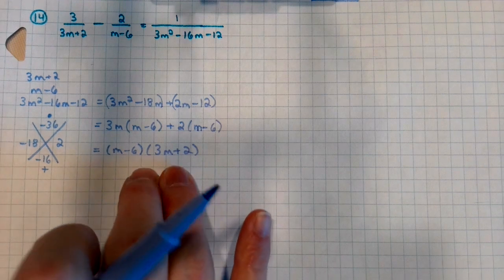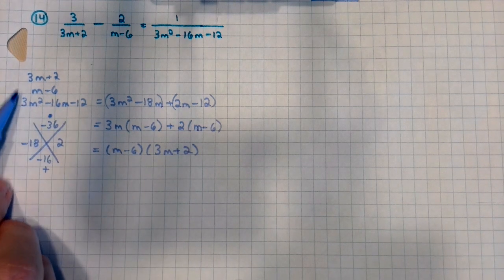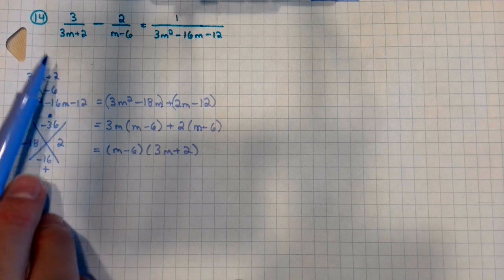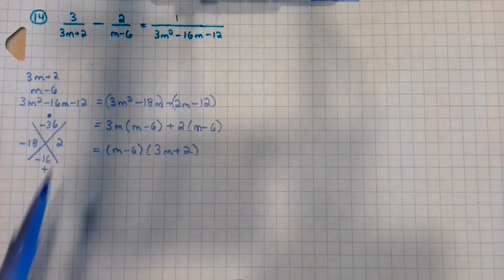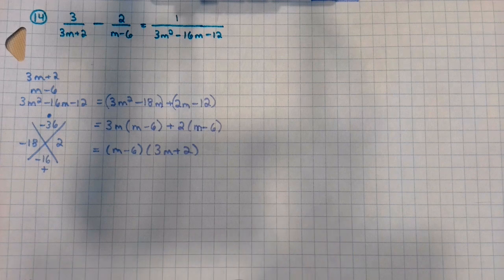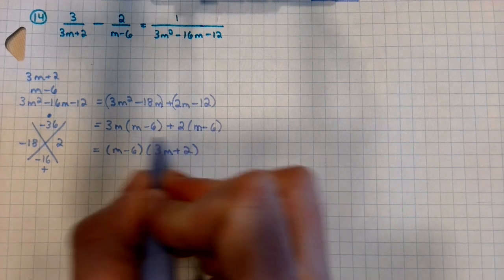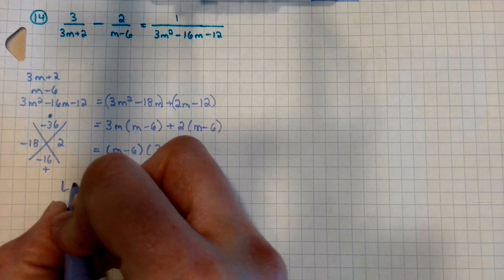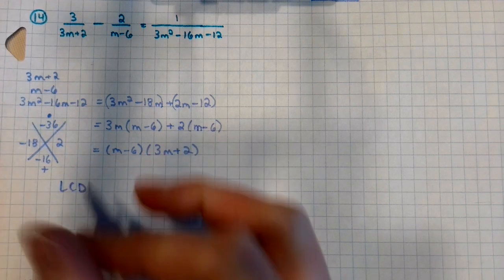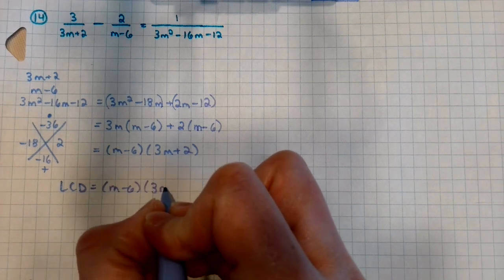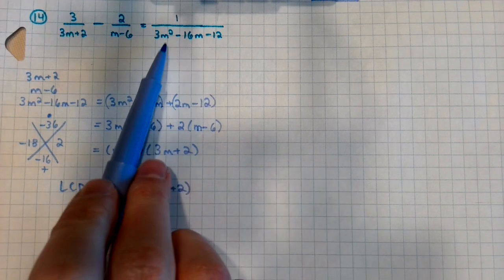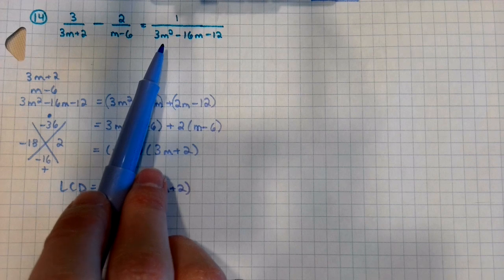So this is great because that is the two factors that I had initially from the expressions on the left-hand side of the equation. So the least common denominator is actually this right here. So our least common denominator that we're going to end up multiplying everything by is m minus 6 times 3m plus 2, which is the same as this 3m squared minus 16m minus 12.